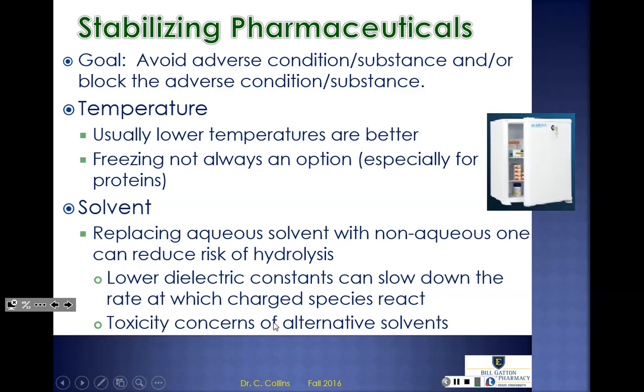So if you have to use ethanol, always make certain that the ethanol you use is not denatured. Denatured alcohol has a toxic substance added to it so that it can't be directly consumed, because it's a poison.